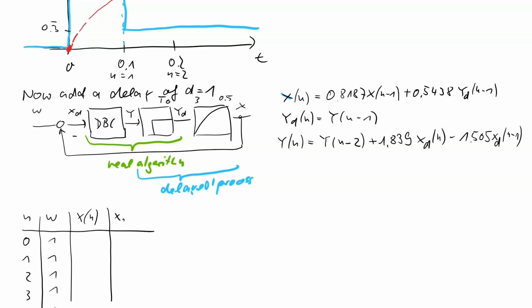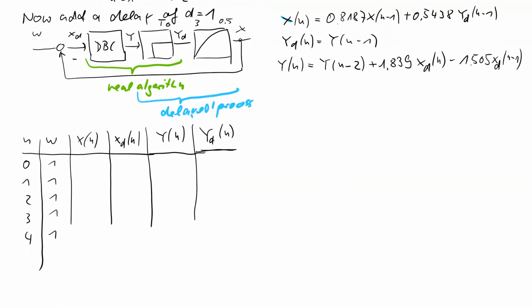The control difference can then be calculated, and if I have the control difference I can calculate the output y of n, and of course I can make a line which is yd of n, that is the delayed y signal.